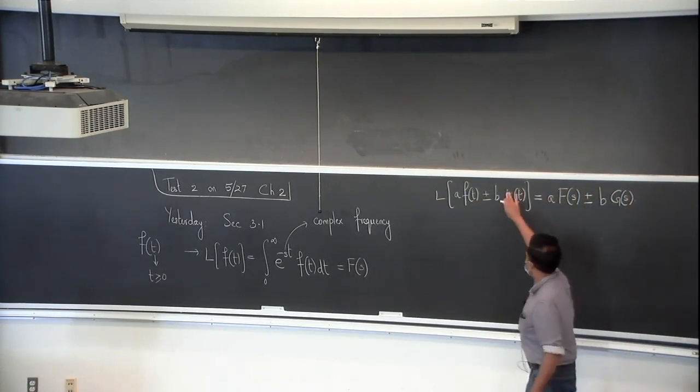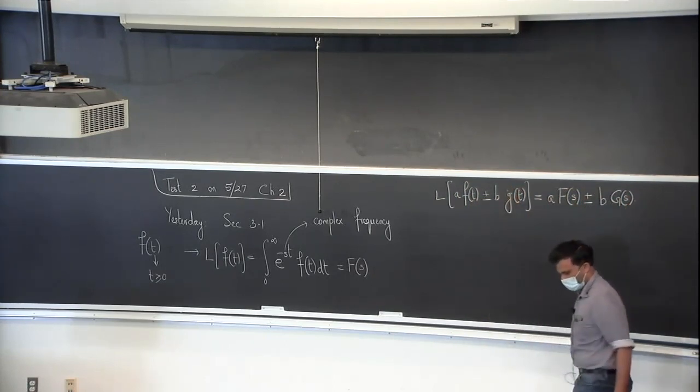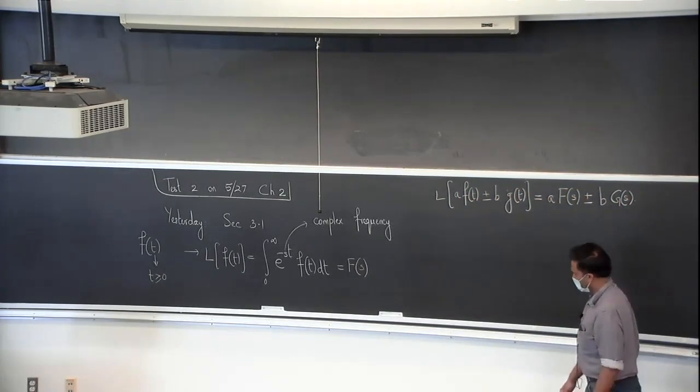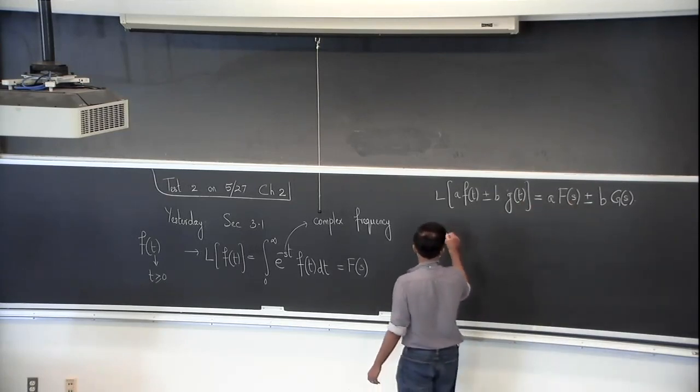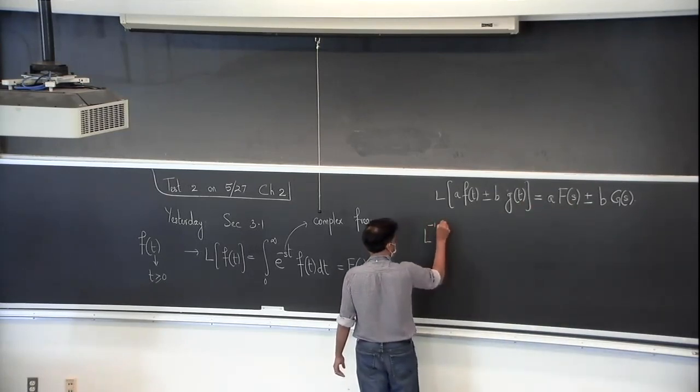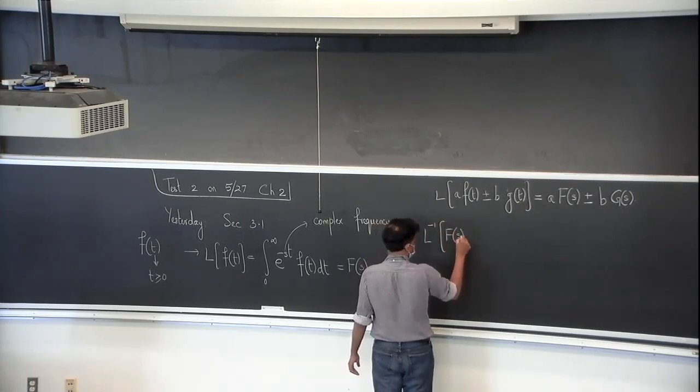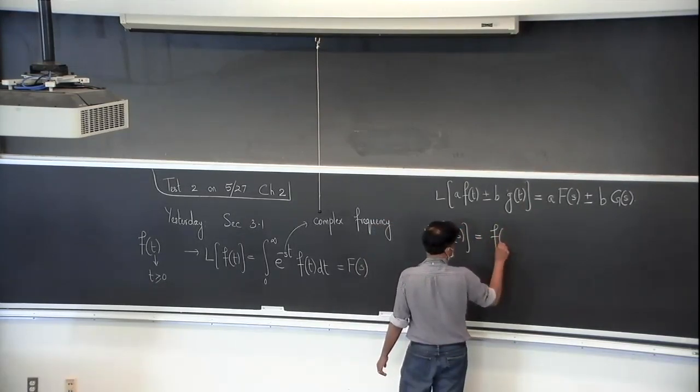It's a pretty obvious property, but it's not multiplicative, as you can imagine. It's an improper integral, so you cannot really multiply the respective antiderivatives. And it also works backwards. If you have the Laplace transform, you can always go back and retrieve your function.